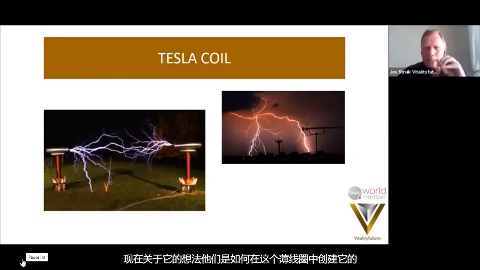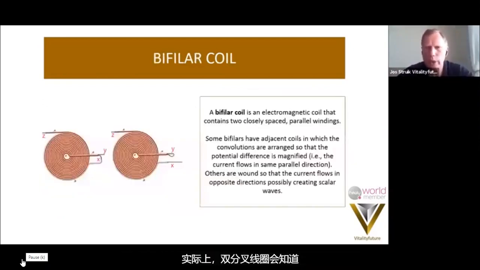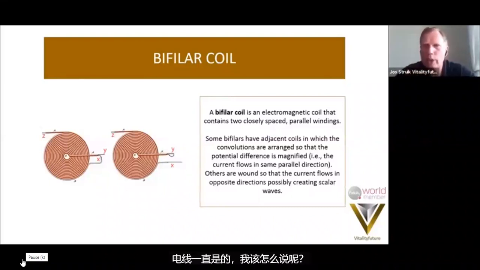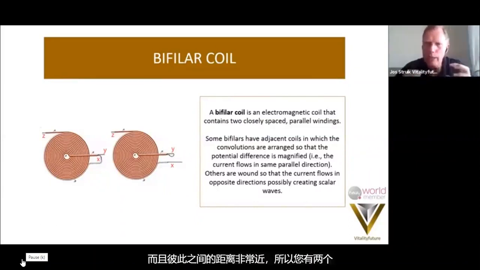Now, how did they create that in this thin coil? Well, the bifurcate coil, I don't know the exact pronunciation, is all about an electromagnetic wire that they made into a circle, very closely spaced towards each other.